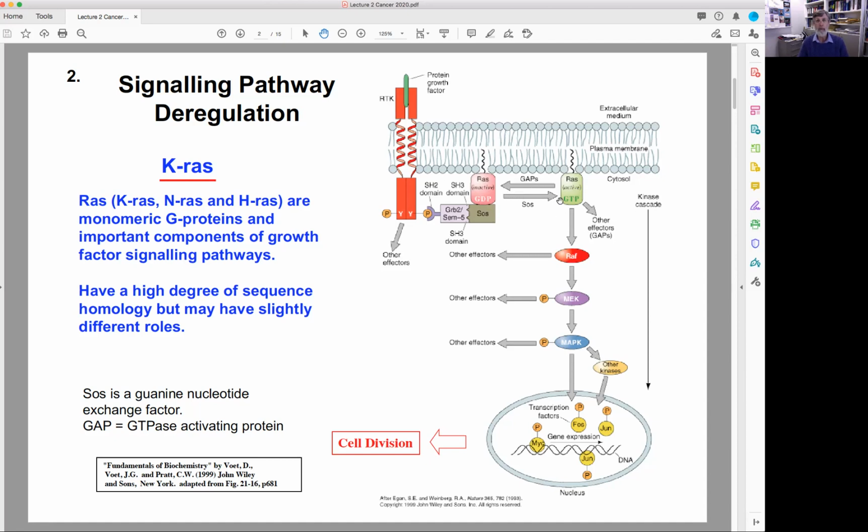and has a number of ways of acting, but we're just concentrating here on this central pathway, which results in increased cell division.